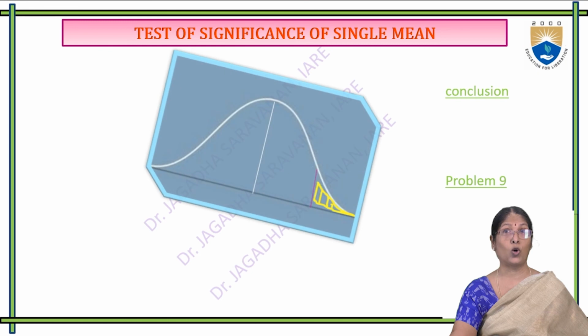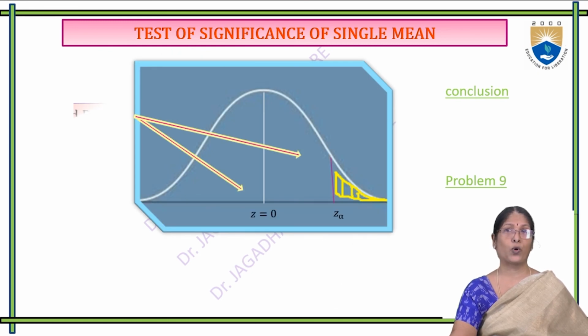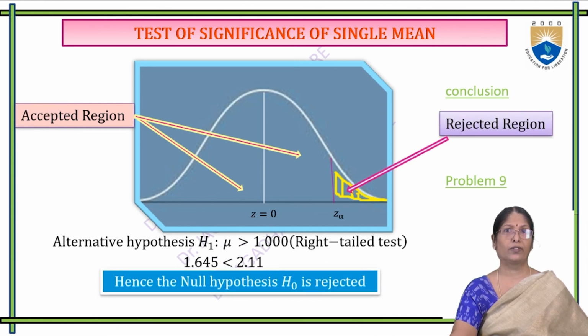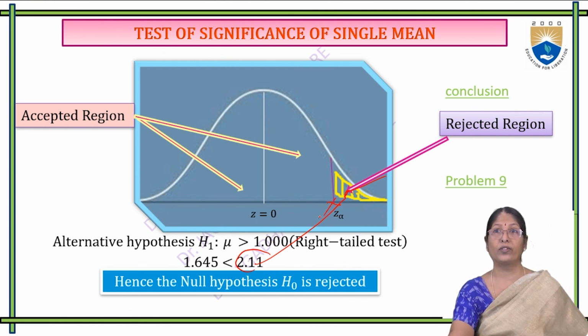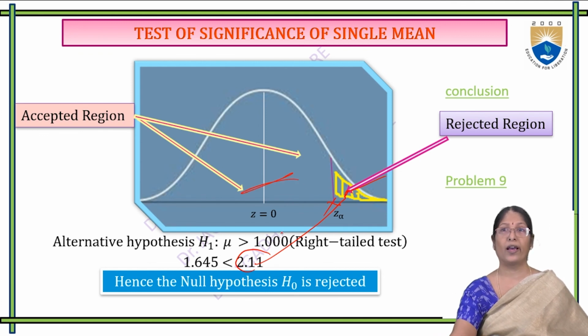The final output regarding our given problem, we can see it now in graphical representation. This is the rejected region. Our 2.11 falls here because our tabulated value is 1.645. If it falls in this area, then it is accepted.